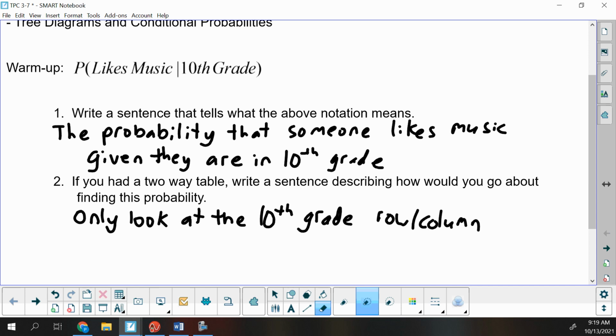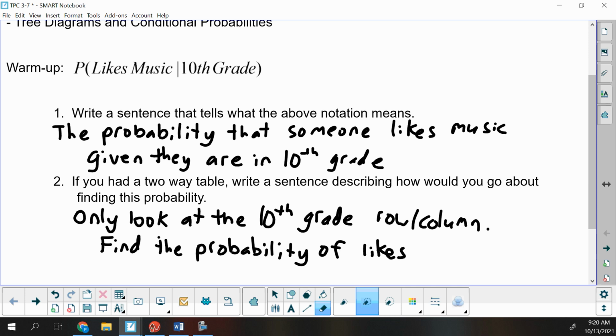But you focus in only on the 10th grade row or column, and using only that row or column, find the probability of likes music. So if you've got one of these conditional probabilities, you should not be picking out any numbers that are not in that 10th grade row or column in this case.